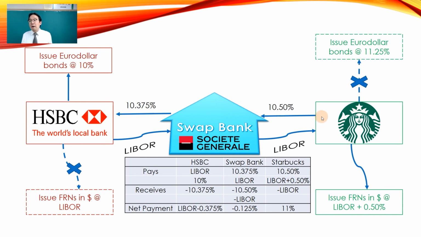It's better, lower, right? Just pay me that one. I'll give you a LIBOR rate. Instead, you borrow the same amount from the floating rate note market, which is LIBOR plus 50 basis points for you. So the net payment for Starbucks becomes 11% because that's 10.5 percentage point plus LIBOR plus 50 basis points.